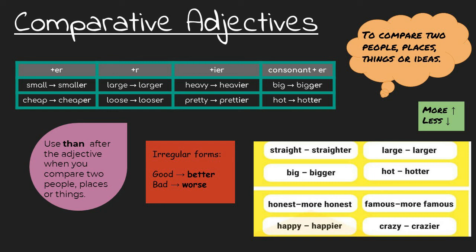In this case, it's another G, so it is bigger, right? Hot, hotter, right? So these are the rules to use the comparative adjectives, right? Also, we have irregular forms that we use: better for good and worse for bad.